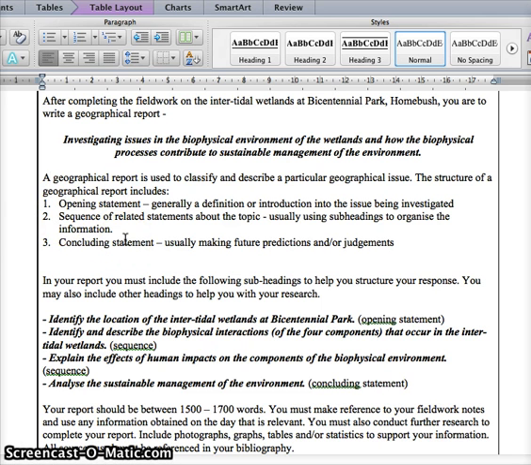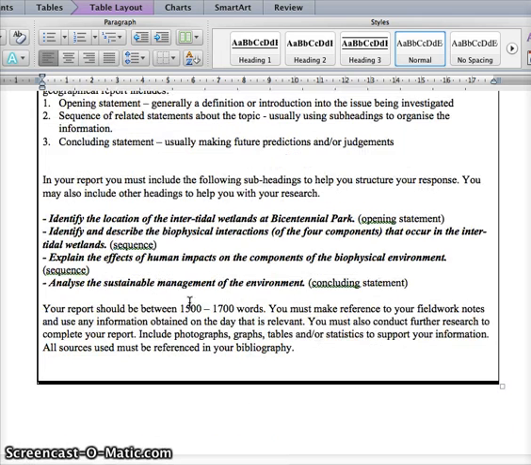And then finally a concluding statement, which makes some sort of judgment. So in your report you must include the following subheadings to help you structure your response. You may also include other headings to help you with your research. Now these are suggested subheadings, but I would strongly suggest that you use subheadings to organise your information.